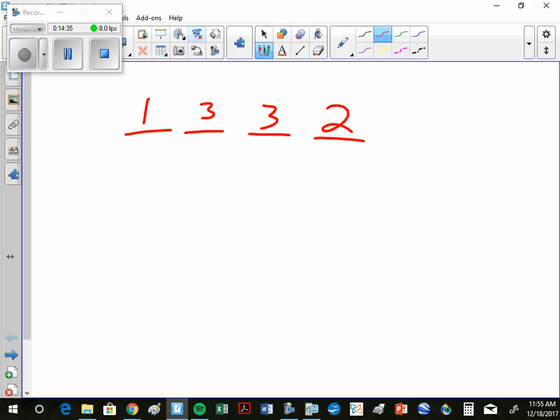Okay. 1 ticket will be drawn at random from each of the 2 boxes shown. Find the chance that the number drawn from A is larger than the one from B. Ooh, that's tough. Okay. Wow.